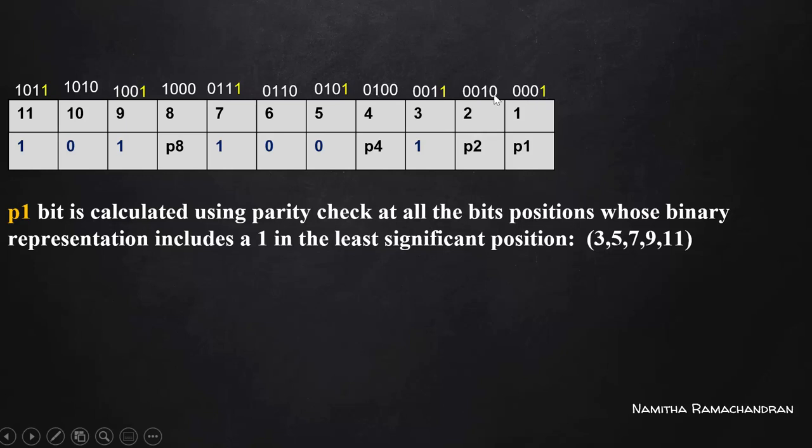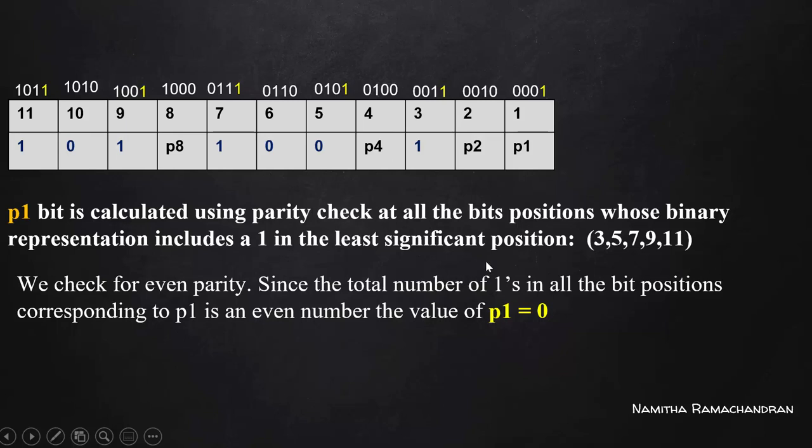So these are such positions: this one, this one, this one, this one, and this one. Means positions 3, 5, 7, 9, and 11. In these positions, the binary representation has the least significant bit value equal to 1. The values present at these locations are required for setting the parity bit P1: 3, 5, 7, 9, and 11.